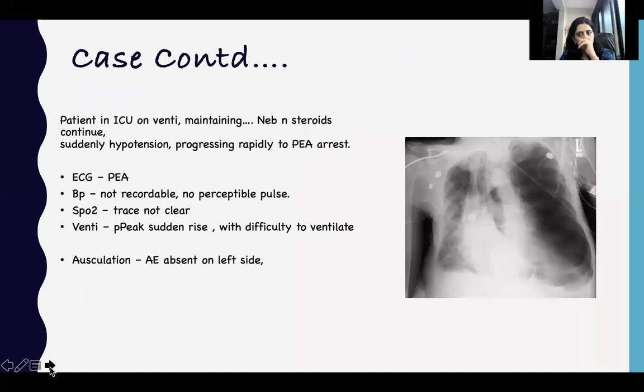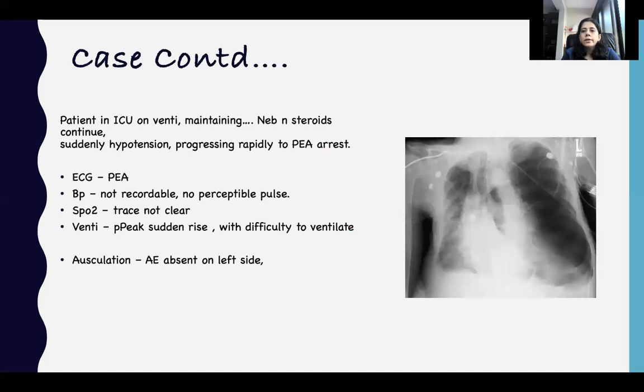So now I continue this case. The patient is in the ICU. He is maintaining well, and we give him nebulization, steroids, and whatever treatment we have decided. Suddenly on the second day, he develops hypotension, which quickly progresses to a pulseless electrical activity, and the patient arrests. The BP is not recordable, there is no perceptible pulse, and the SpO2 trace is not clear.